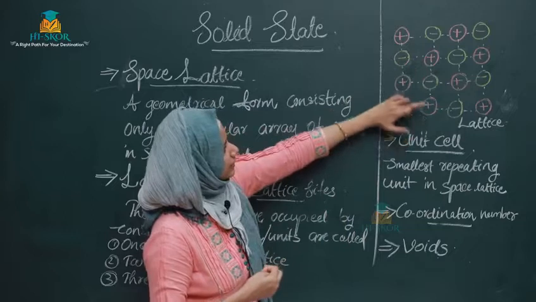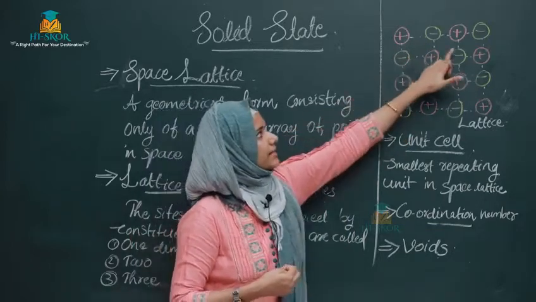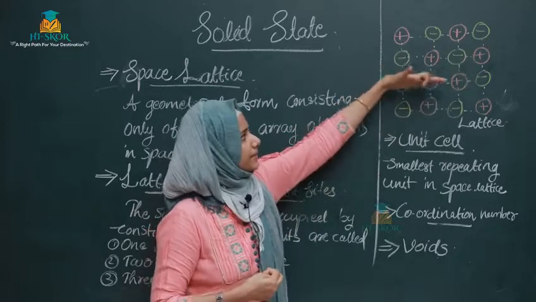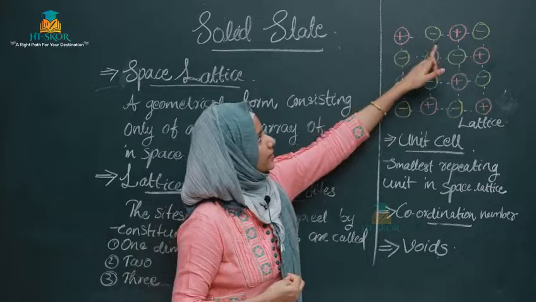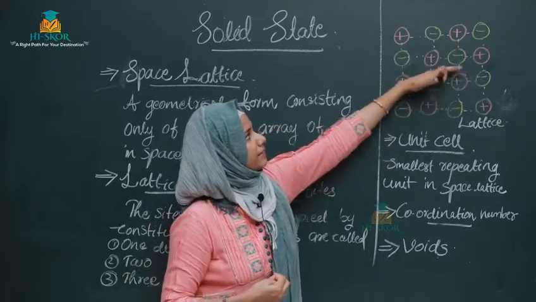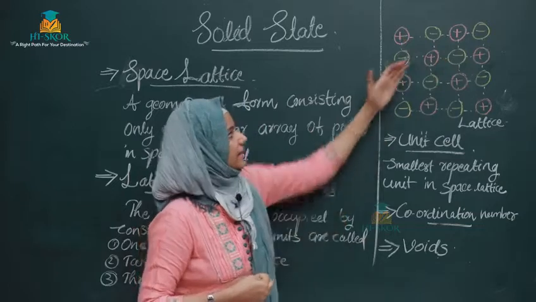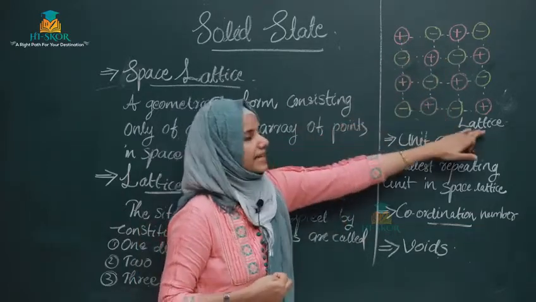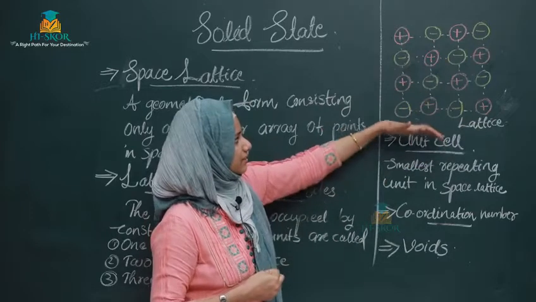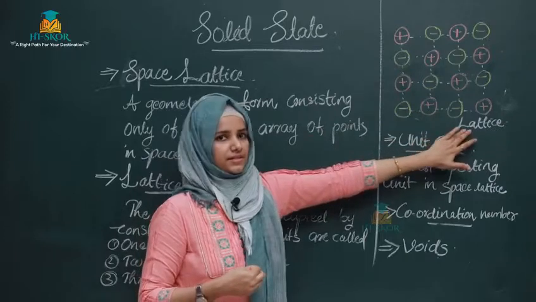In this structure it is clear that the positive and negative ions are repeated alternately in a regular fashion. This type of structural framework in a crystal we can call a lattice.